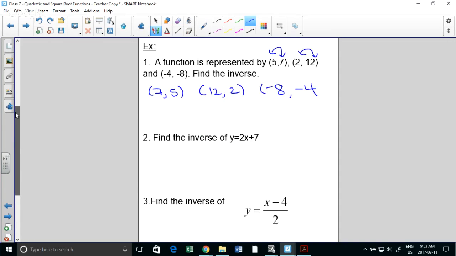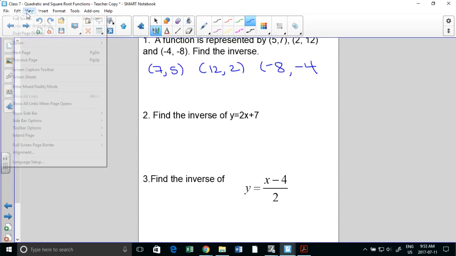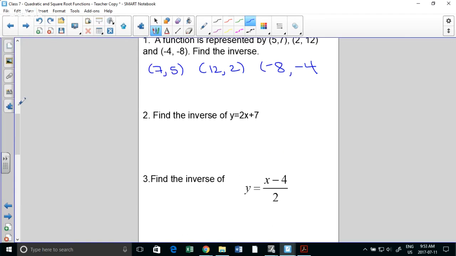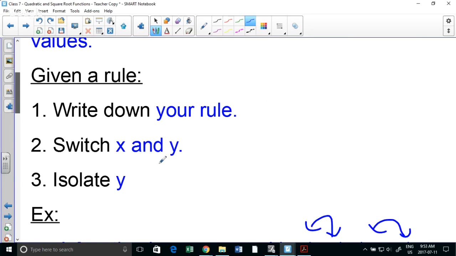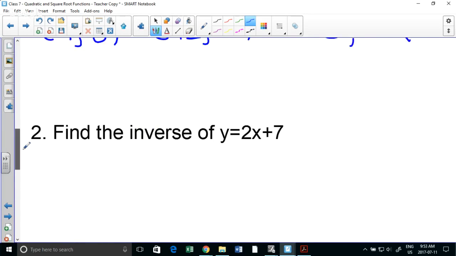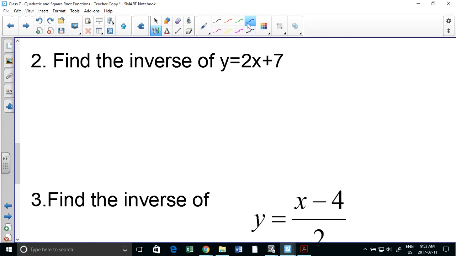But what happens if we have a rule is that we're going to be switching the x and y value in the rule, and then we're going to isolate the y value. So if you have this rule, we switch x and y. That's what we were doing even with the points before. So we say x equals 2y plus 7.